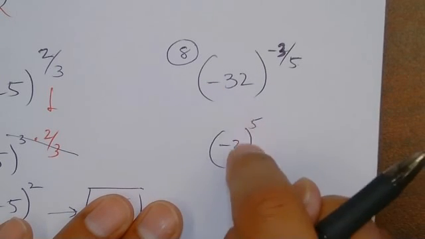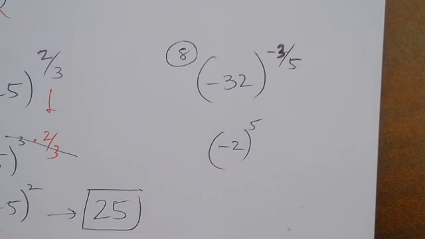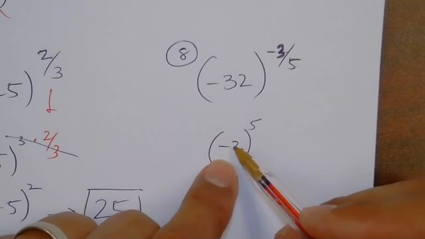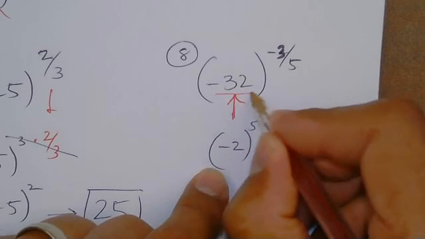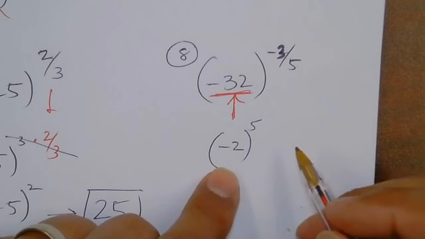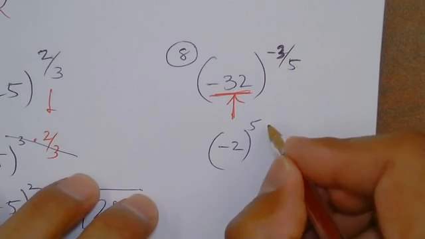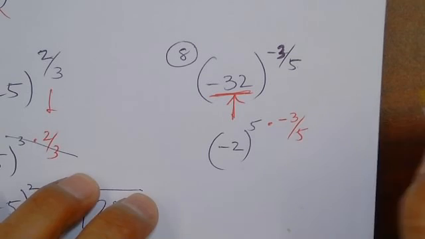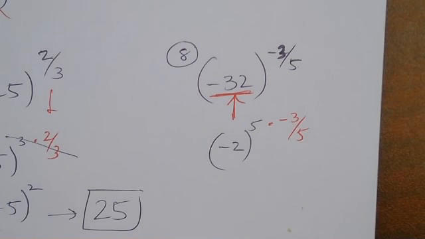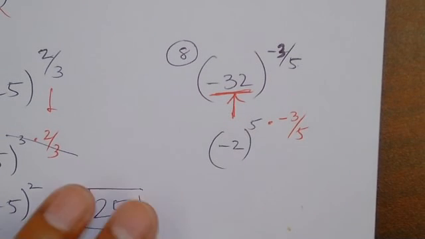Negative 2 to the power of 5, right? If it's an odd power, you can get a negative. If it's an even power, you cannot get a negative. It has to give you a positive, okay? Negative 2 to the power of 5 is the negative 32. And then what do I do with this negative 3/5 times negative 3/5?